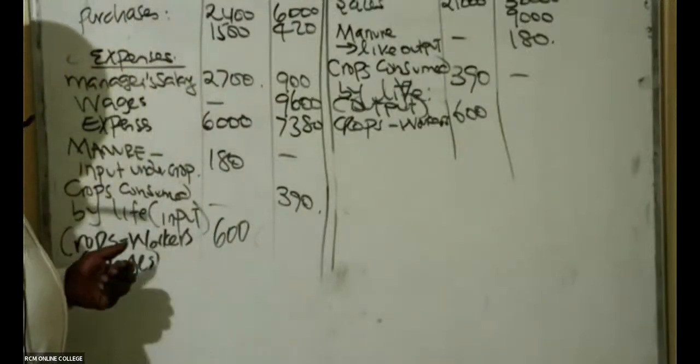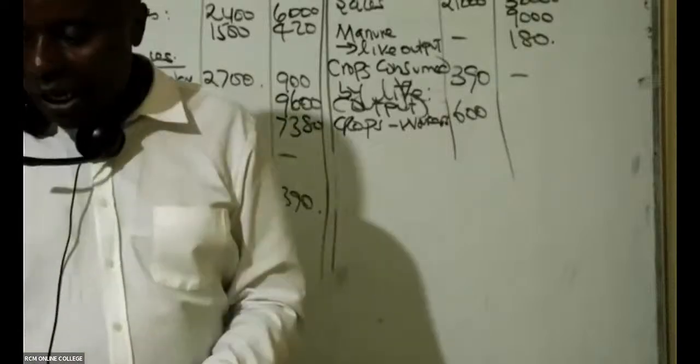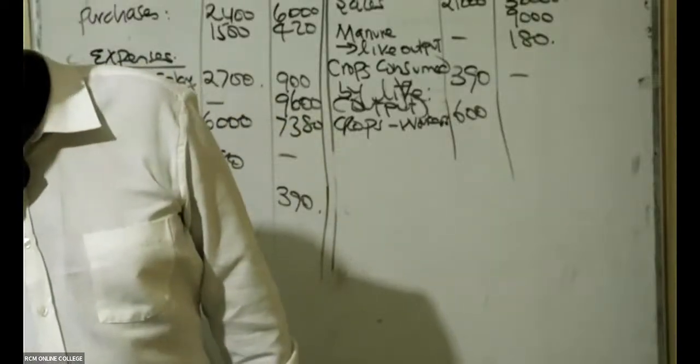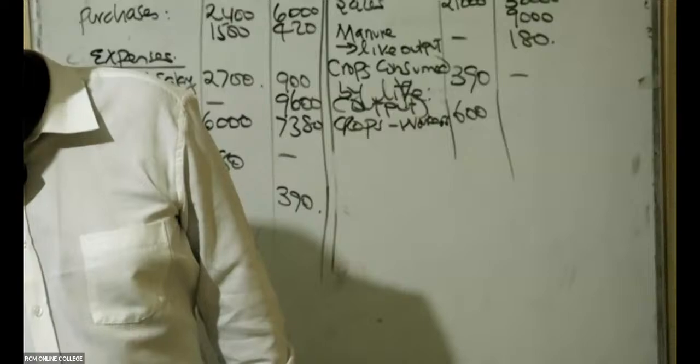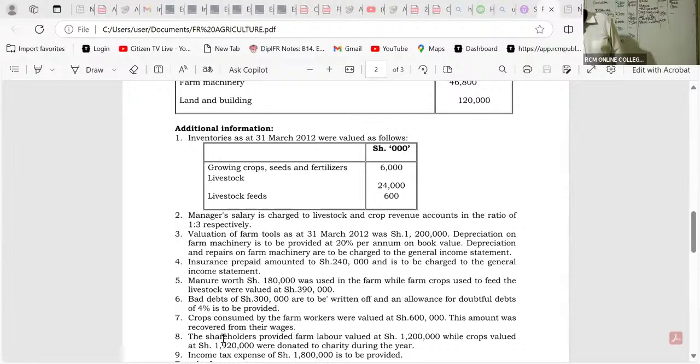All right, ladies and gentlemen, after that, what else do we have here? Do we have any other stuff? Oh, yes. We are told the shareholders provided farm labor valued at 1.2 million.